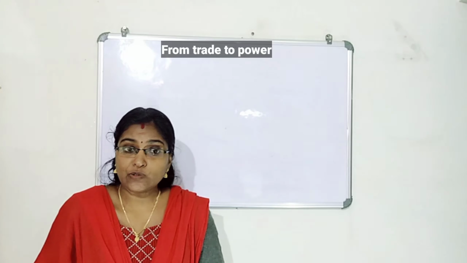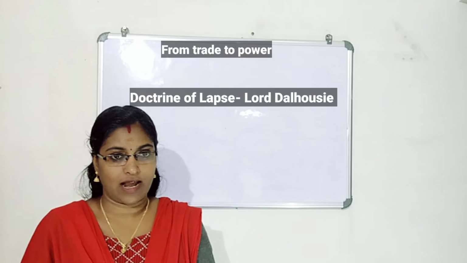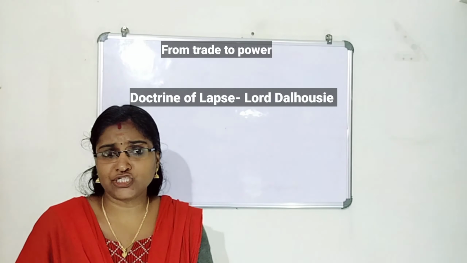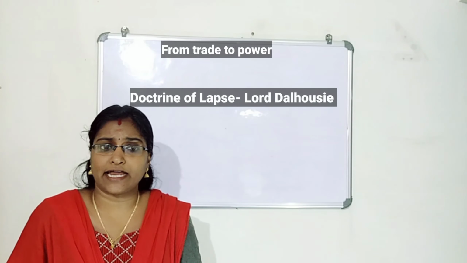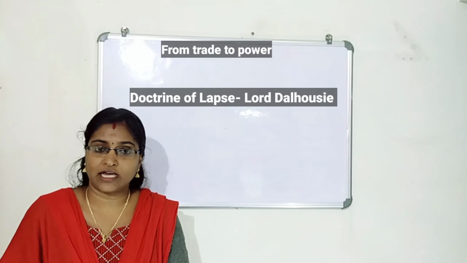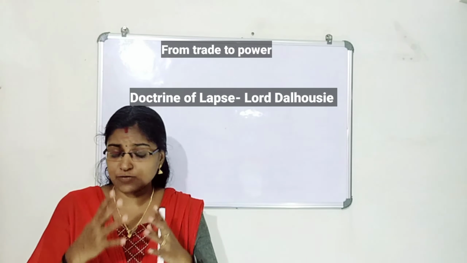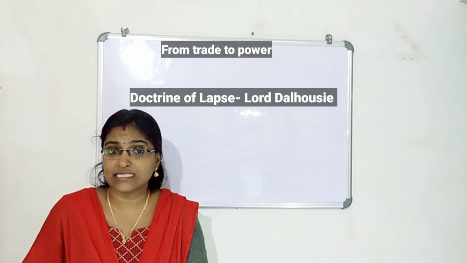Next law was introduced by Lord Dalhousie, named Doctrine of lapse. Listen carefully. In ancient times, Indian rulers enjoyed the right of adoption in the absence of a natural heir. If they have no child, it's possible to adopt a child.